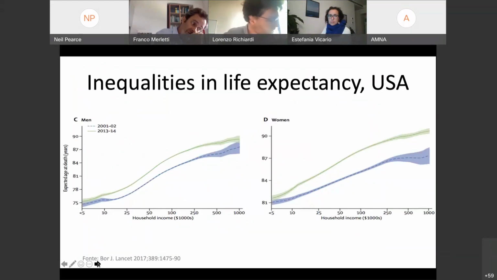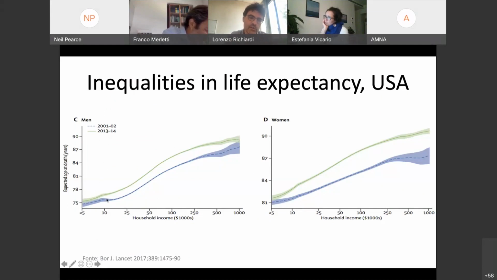As we can see here, this is the increase in life expectancy, again in the US, from 2000 to 2013, so in about 15 years. You have to compare the distance between the blue line and the green line to get an idea of the improvement in life expectancy, the expected age of death.